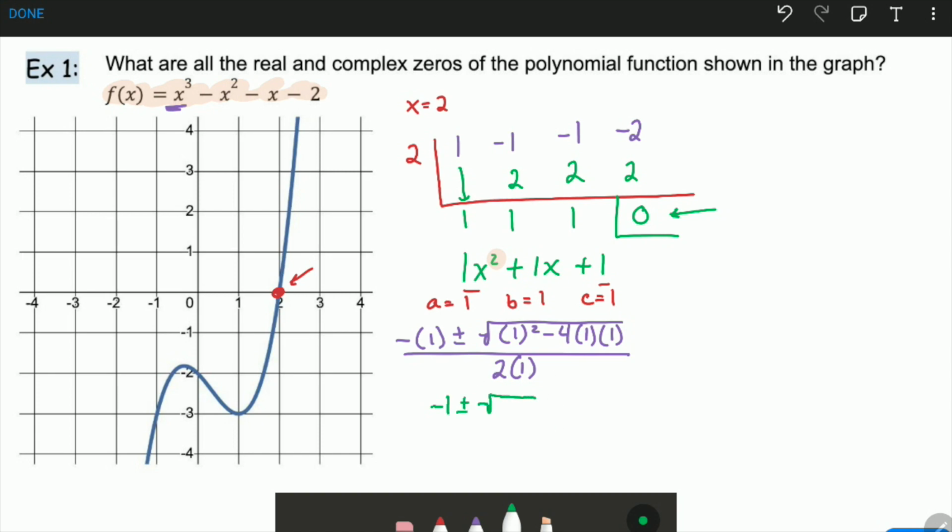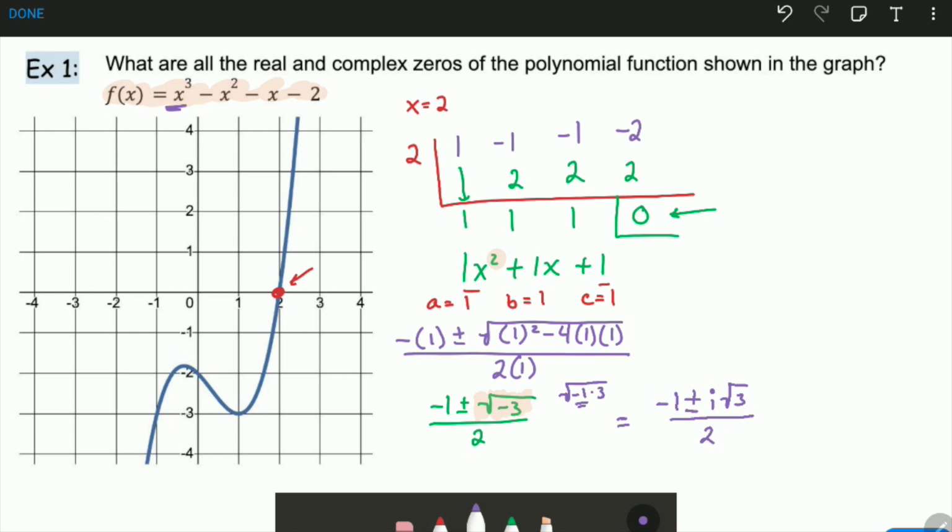Underneath the radical, if we type it into the calculator, we'll have negative 3, over 2. We do need to simplify the radical here. We can't actually break down 3, but it is negative. So the square root of negative 1 is i. So we'll have negative 1 plus or minus i square root of 3, over 2.